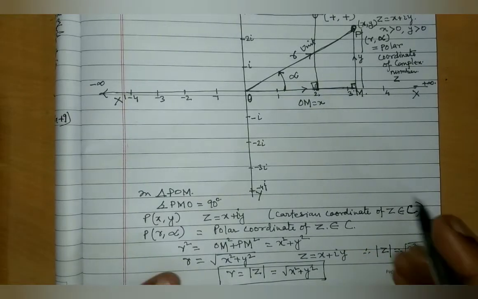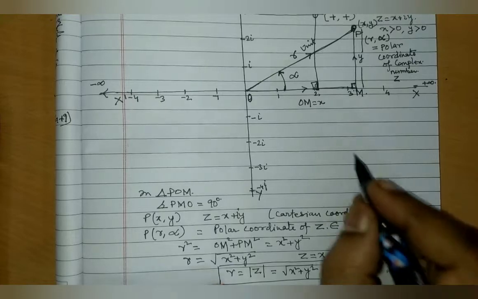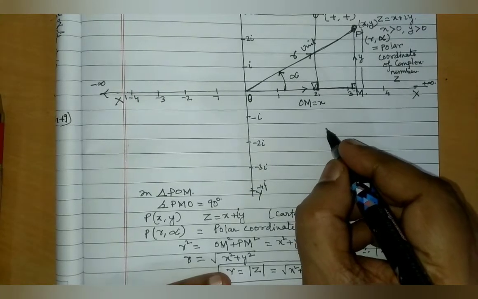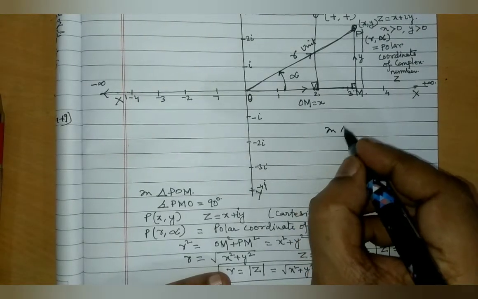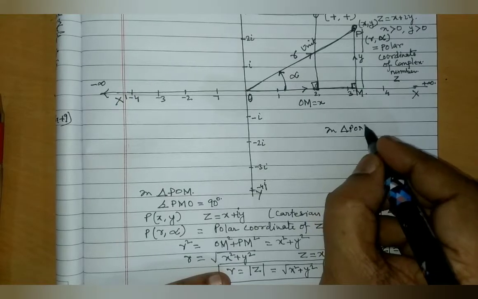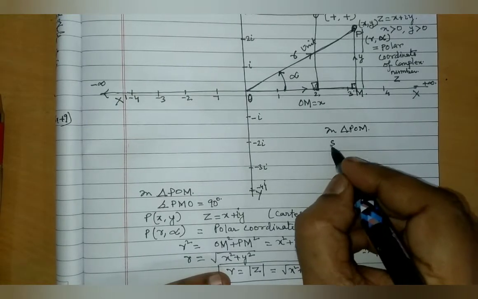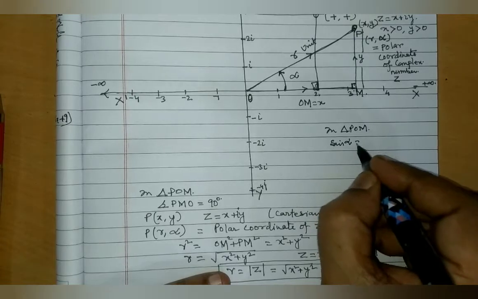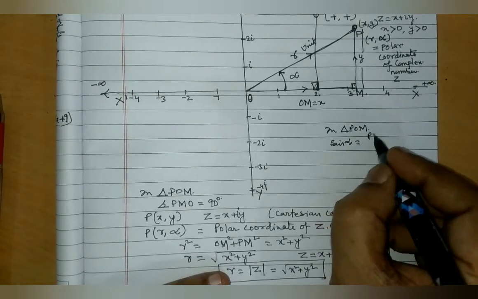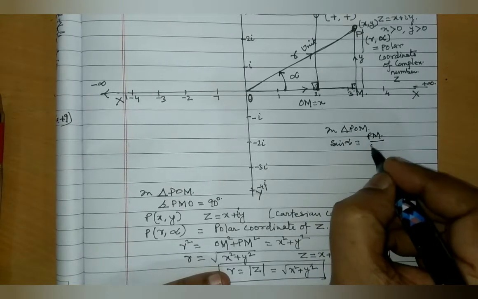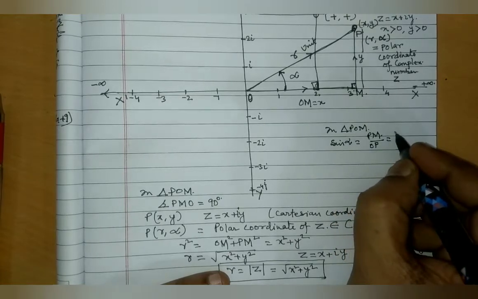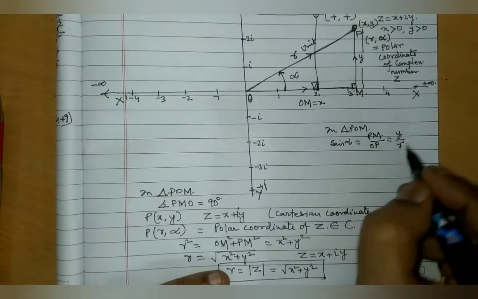And now here I am writing in the same triangle POM. If we take sine alpha, it means perpendicular by hypotenuse OP. So perpendicular is y, hypotenuse is r.